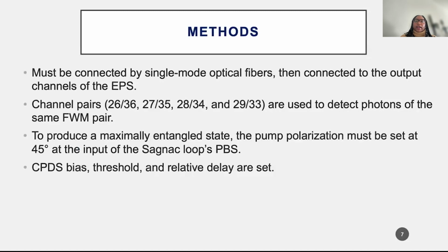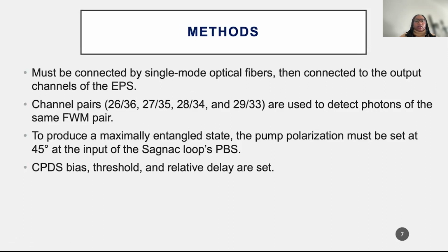So in order to characterize the EPS, we use methods like quantum state tomography, which I mentioned. We look at the concurrence of the quantum state, and we measure the coincidence to accidental ratio, which is also known as CAR, which I'll get into a little bit later. But as you can see here, I have a list of the channel pairs, and each of these channel pairs are located at different wavelengths.